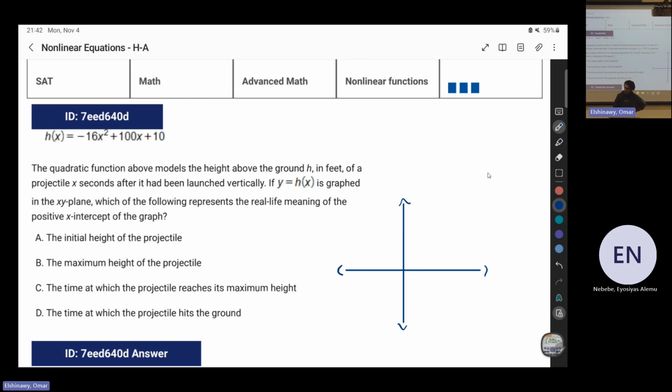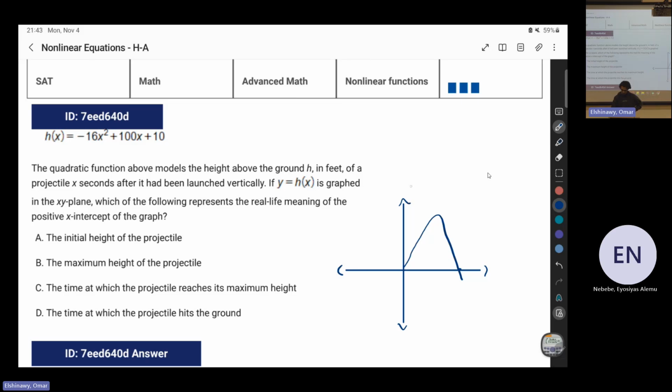We draw a line from 0 and 0, go up, down. So what's plotted here on the y-axis?